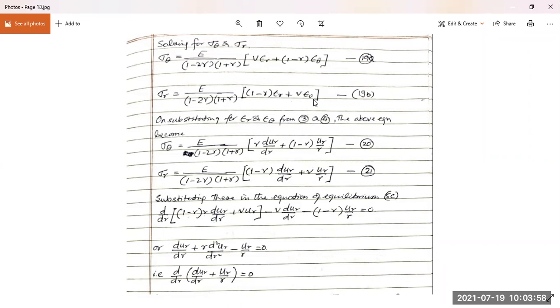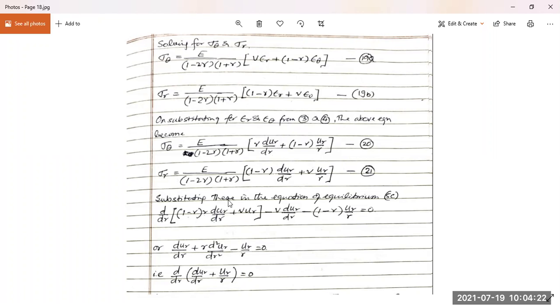So you can put the value of u r by r here, and epsilon r is represented by du r by dr. So we can put du r by dr here, and here we can put u r by r.